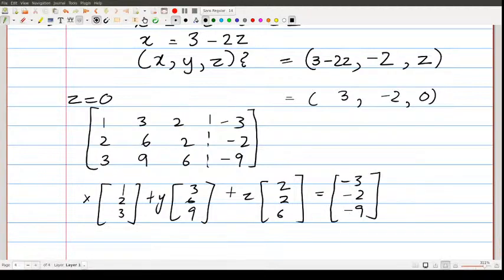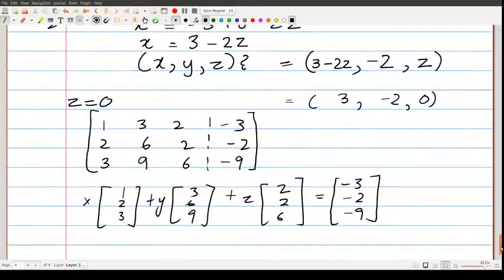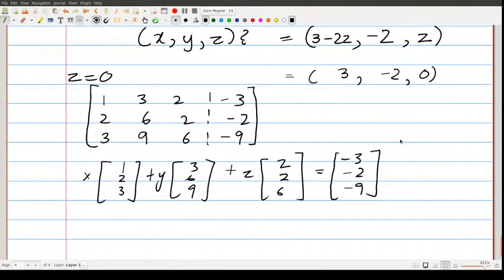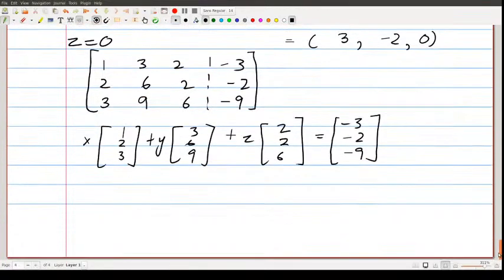The solution I had was 3 times the first column, minus 2 times the second column, 0 times the third column. So let's try it out: x is 3, y is minus 2, and z is 0.